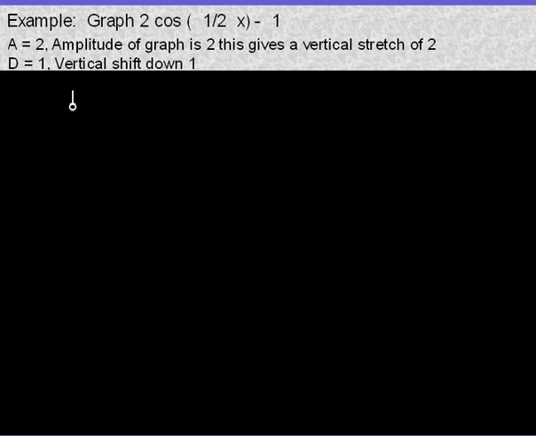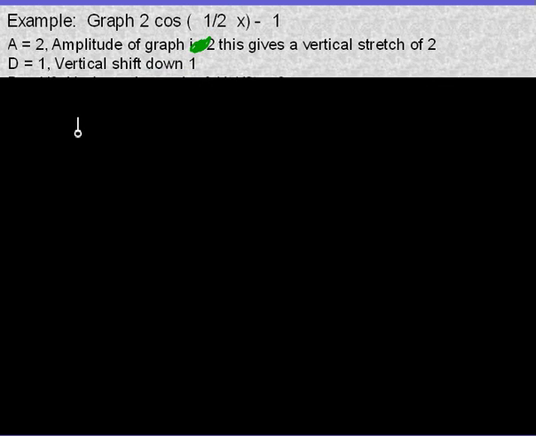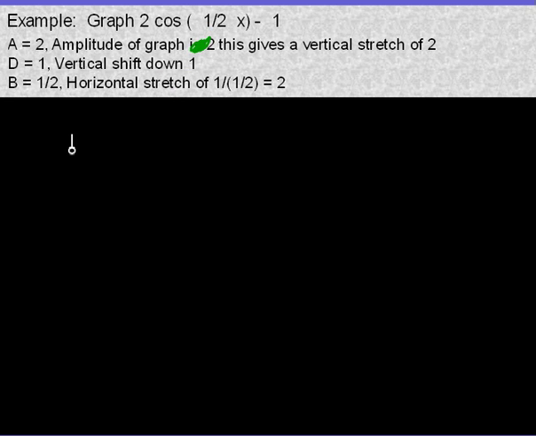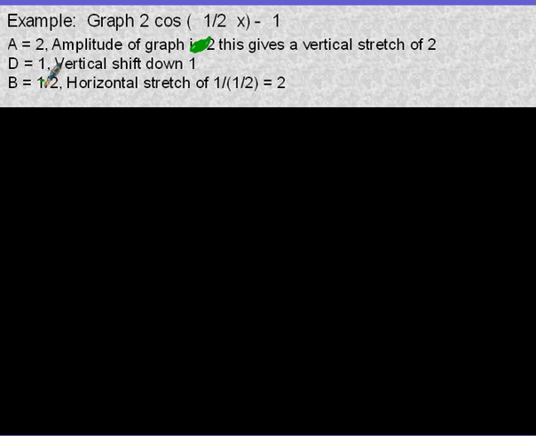All right, graph 2 cosine of 1/2 x minus 1. So we have an amplitude of 2. This gives a vertical stretch of 2. We have a vertical shift down 1, and b is 1/2, which means our stretch is going to be 1 over 1/2.